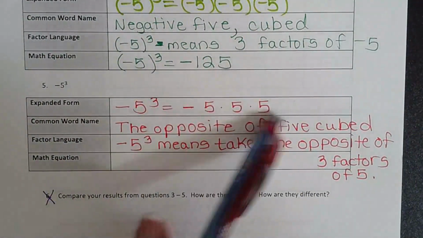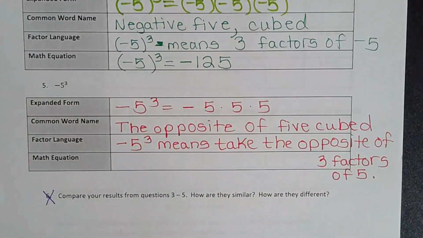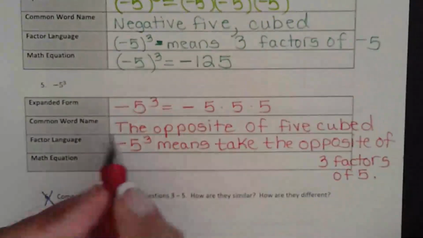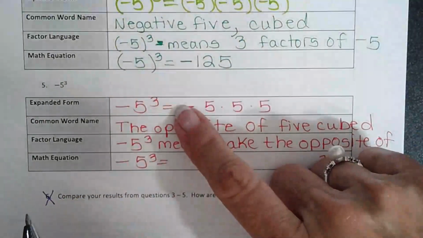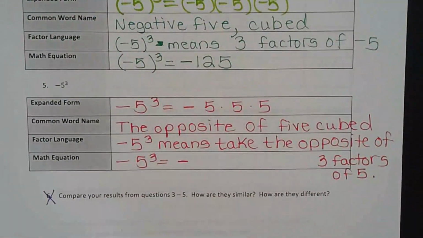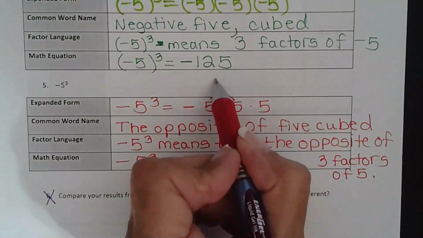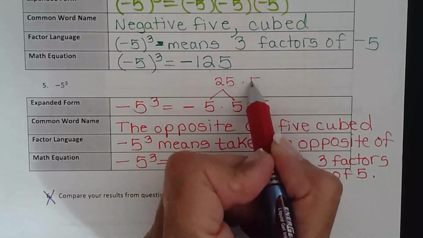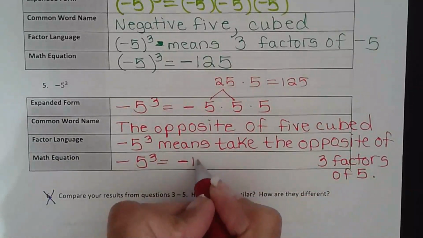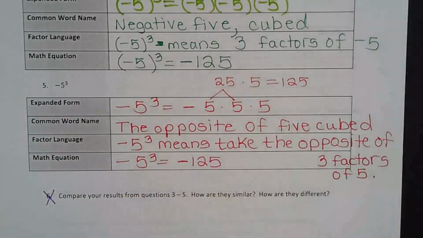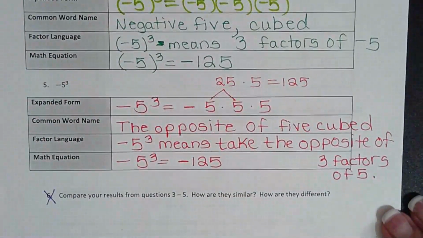Three factors of 5, take the opposite. And again, we do the sign first. So 1 negative, that means there's an odd number and negative sign, so my answer is negative. 5 times 5 is 25, and 25 times 5 is 125. And there we have it.